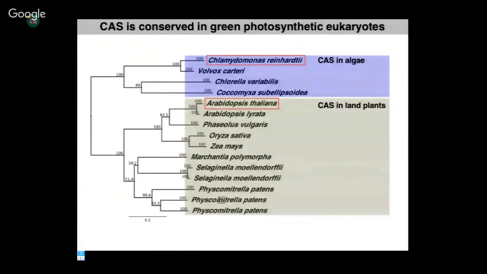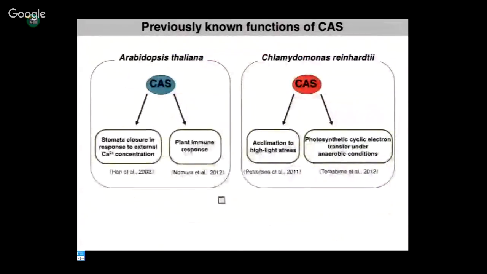The Cas mutant in Arabidopsis is weak against infection. In the case of the green algae, you will see on the right side, acclimation to high-light stress. That means it looks like low CO2 stress, because under high-light conditions the cell consumes all the CO2. That means low CO2 stress.